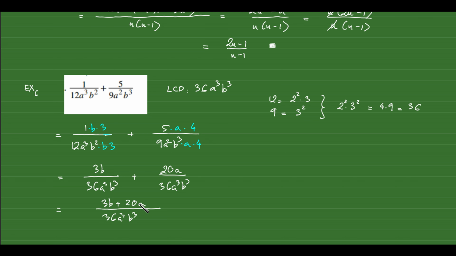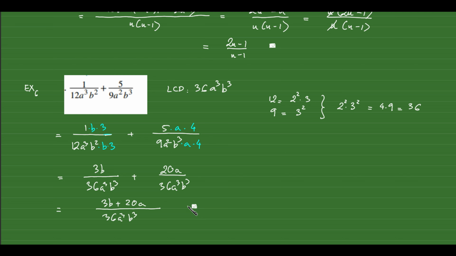Now let's look at the numerator. We cannot find a GCF anymore because there's nothing in common between 3b and 20a. So this will be your final answer.